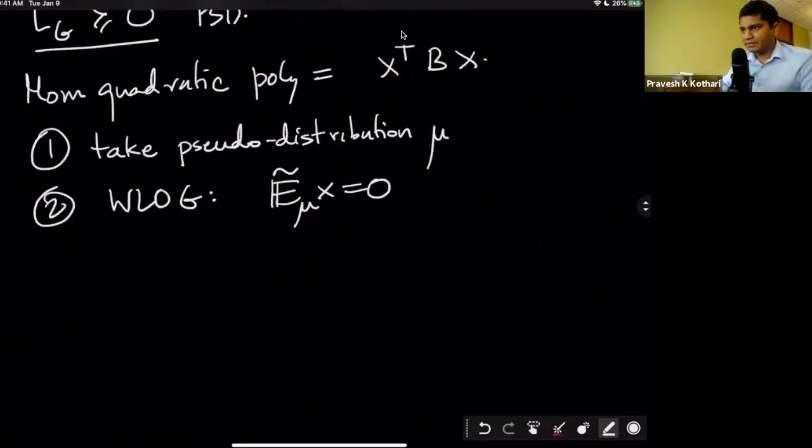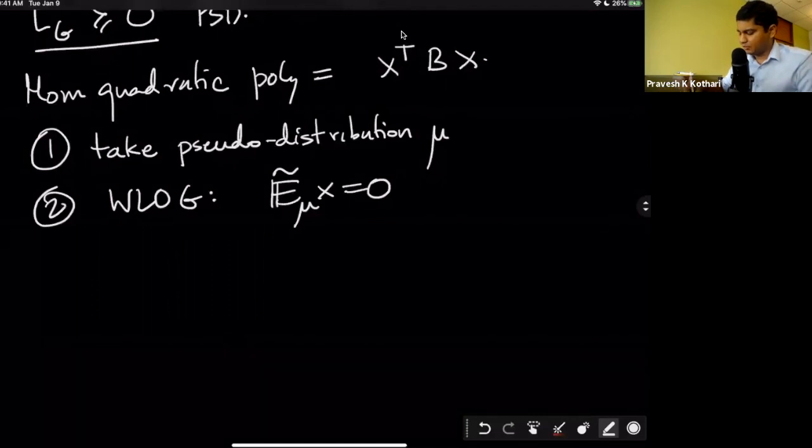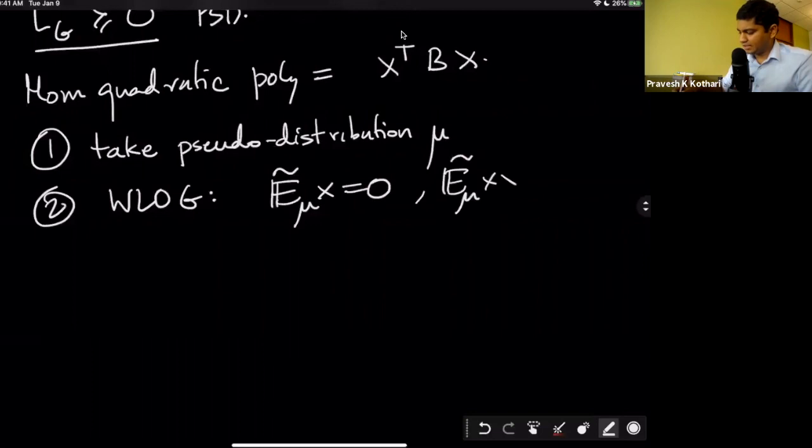So if all of these were too many words for you, all I'm saying is that you can assume that E_mu[x] is 0, and you are given E_mu[xx^T], which also equals the covariance matrix of this pseudo distribution.